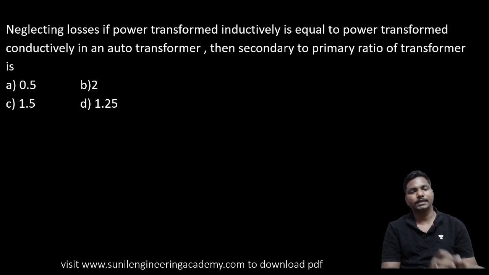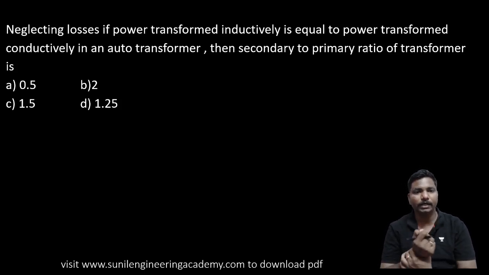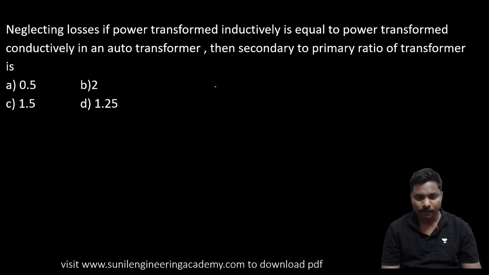Coming to the next question, guys. Neglecting the losses, if the power transformed inductively is equal to the power transformed conductively in an auto transformer, then the secondary to primary ratio of the transformer is dash. Inductively is 1 minus K times, equal to conductively K times.